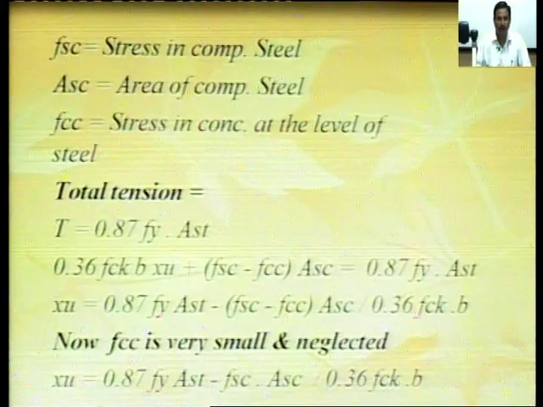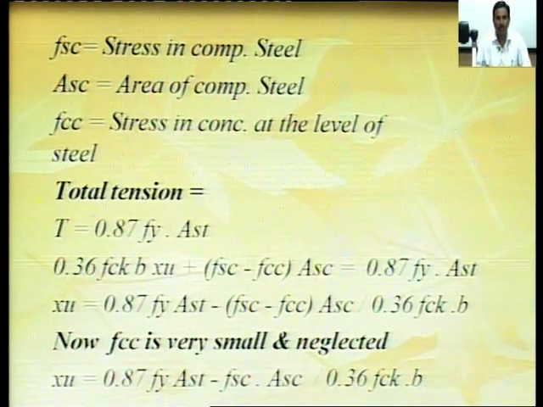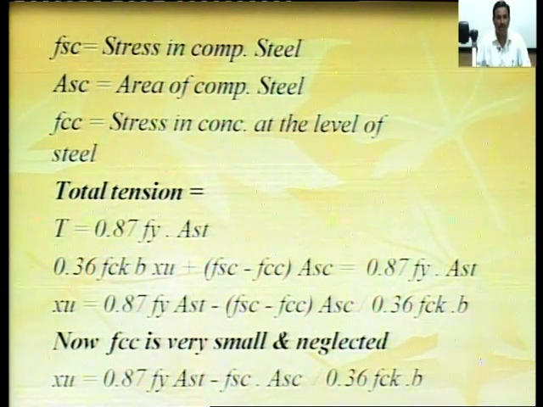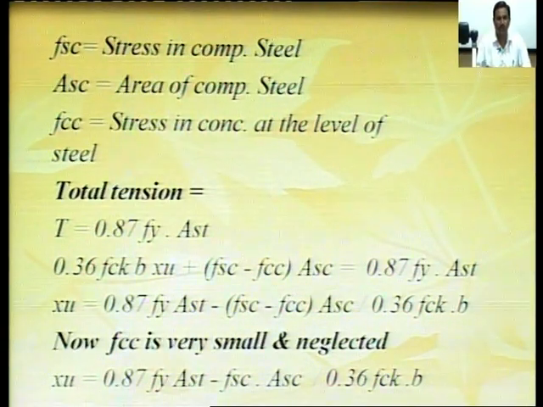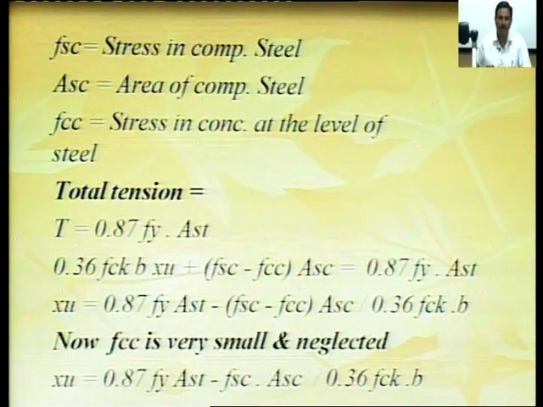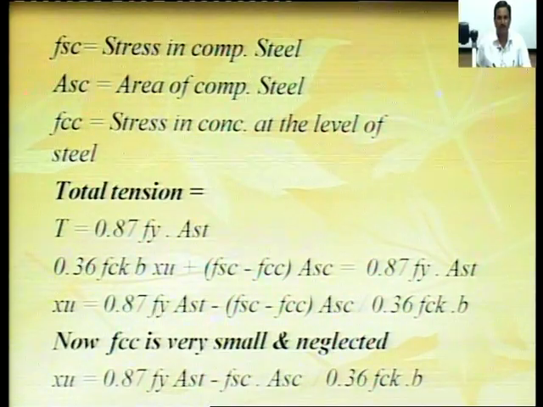So, by equating total compression and total tension, we get 0.36 fck b xu plus fsc minus fcc into Asc is equal to 0.87 fy Ast. From this equation we can calculate the depth of neutral axis.